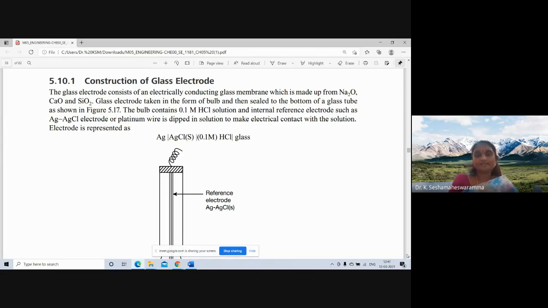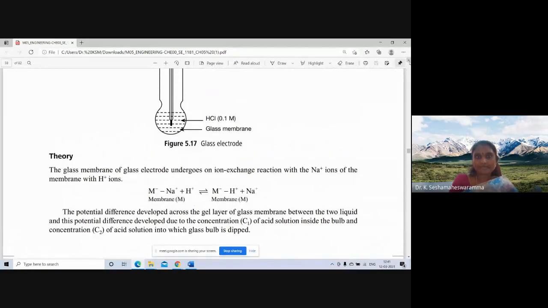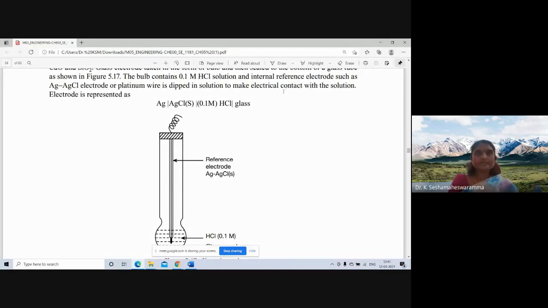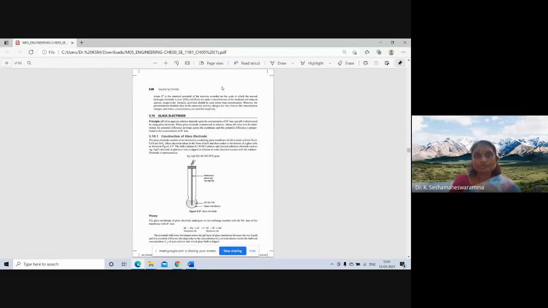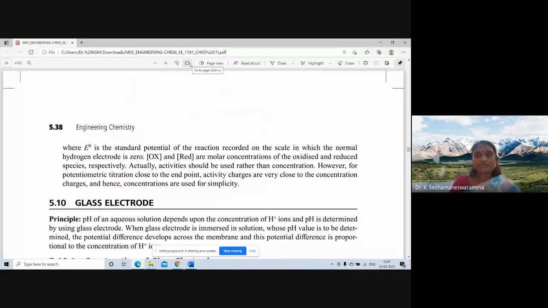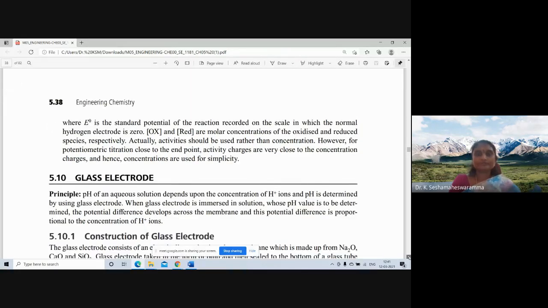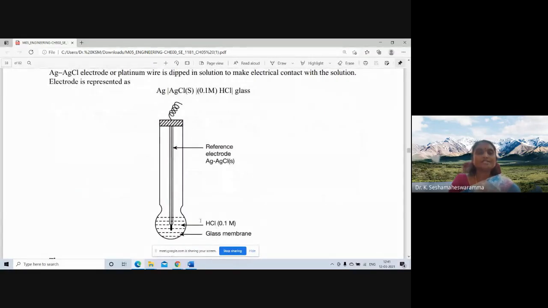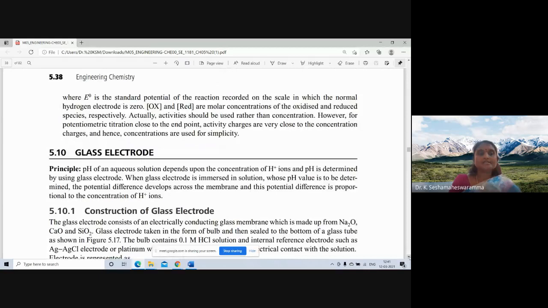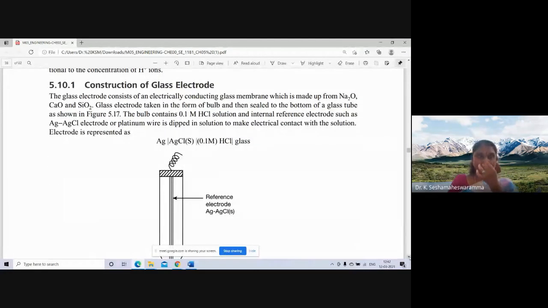The glass membrane consists of sodium oxide, calcium oxide, and silica, and the bulb contains 0.1 M HCl solution.